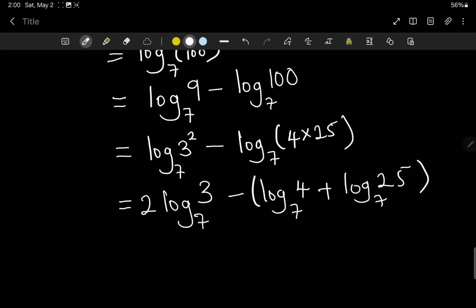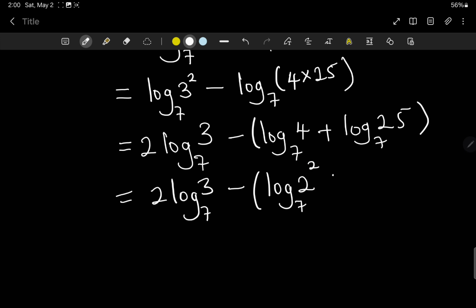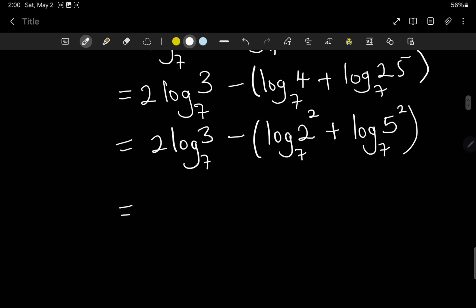Now that we have that, what do we do next? We have 2 log 7 3 minus, this is the same as log to the base 7 of 2 raised to the power 2, plus log to the base 7 of 5 raised to the power 2. This is equal to, now what do we do?